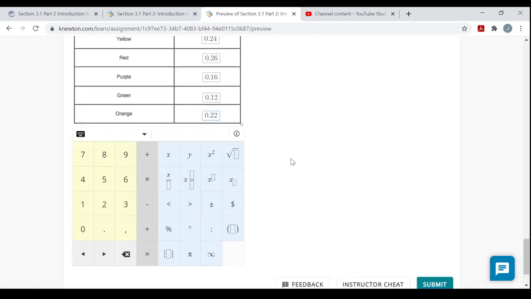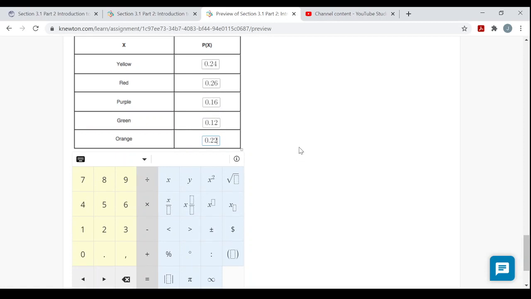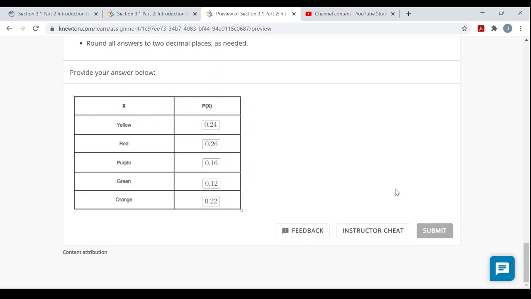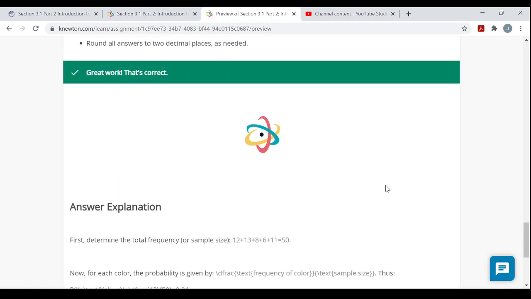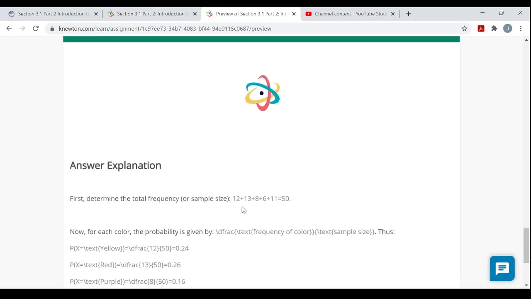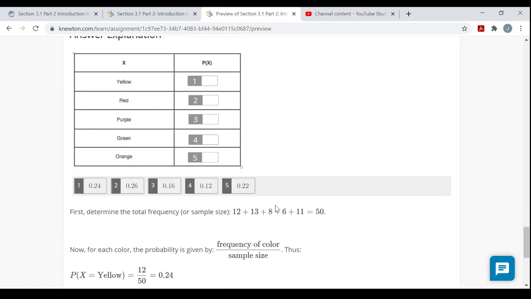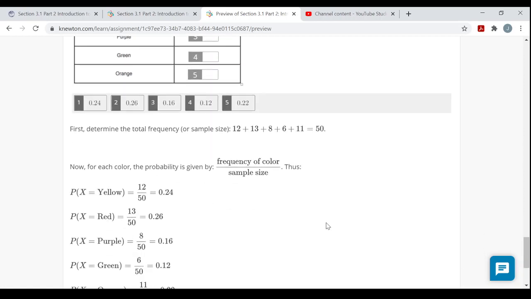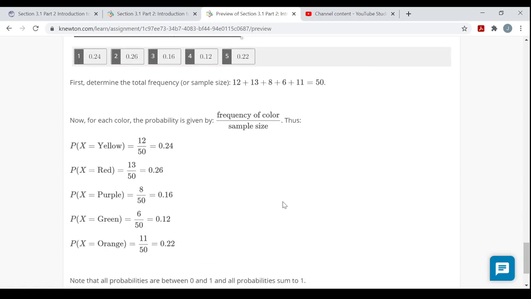So this is a perfectly valid probability distribution that has just been completed here. And again, they go through the same explanation. You count up how many candies there are, what's the total number, what's the size of the sample, and then you're calculating probabilities, or in this case, basically relative frequencies.